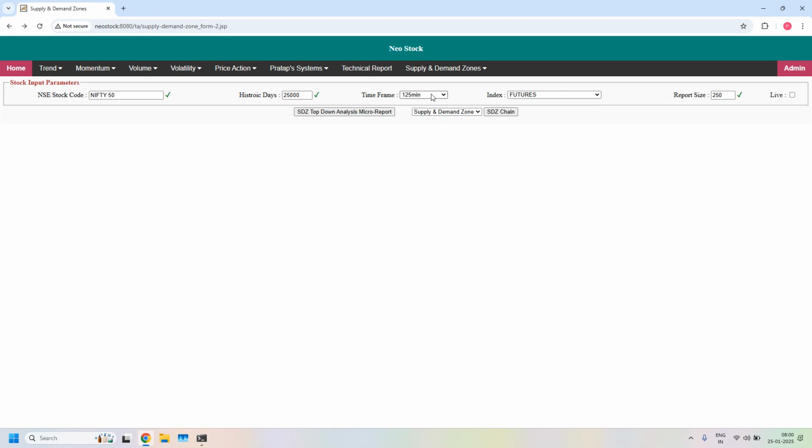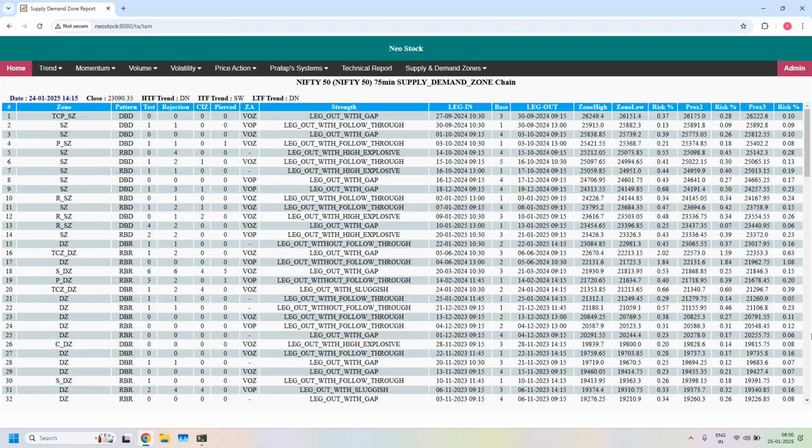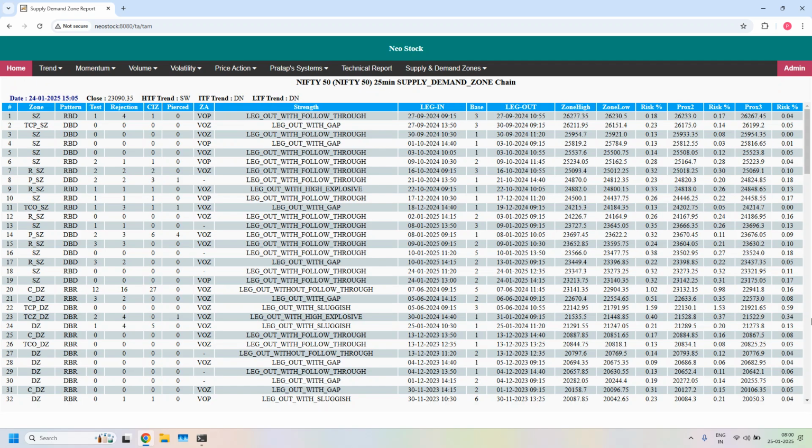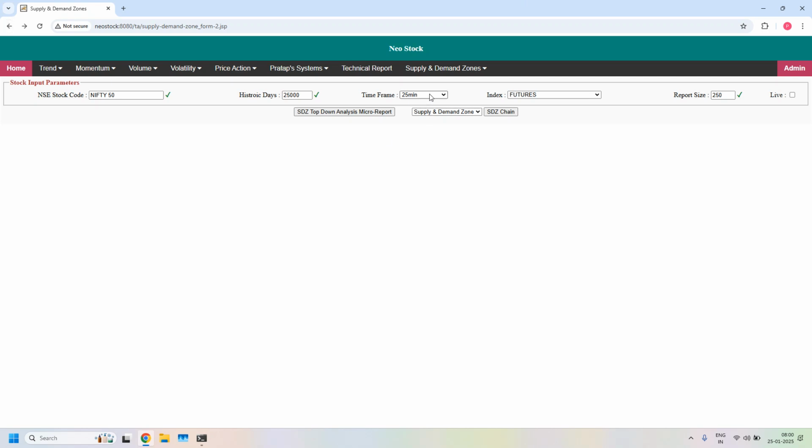Next, 75 minutes supply demand zone chain for Nifty. Next, 25 minutes supply demand zone chain for Nifty. Next, 15 minutes supply demand zone chain for Nifty.